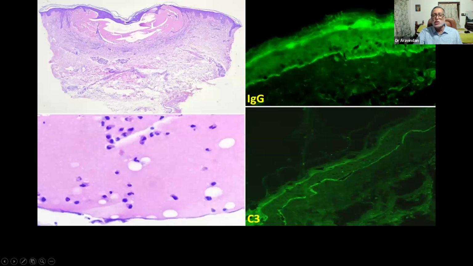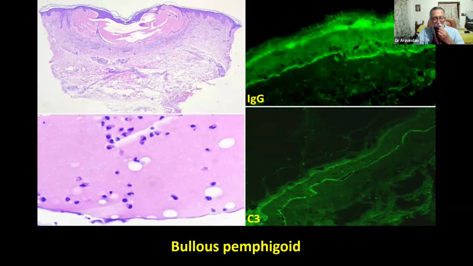So this is a subepidermal bulla. You find plenty of eosinophils within the bullous fluid, and linear immunofluorescence, IgG and C3, usually producing this lesion in subepidermal bullae. So this is bullous pemphigoid.